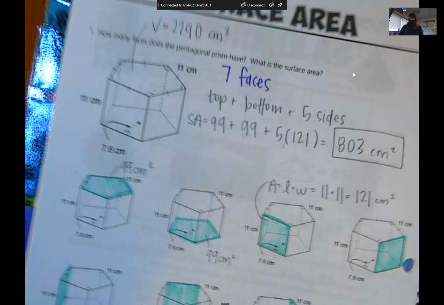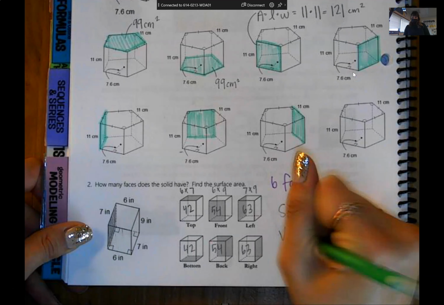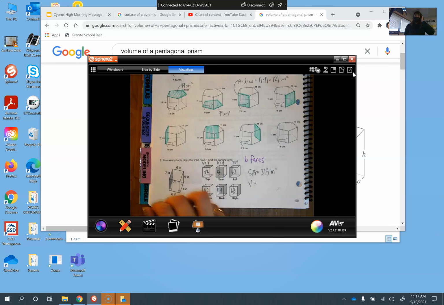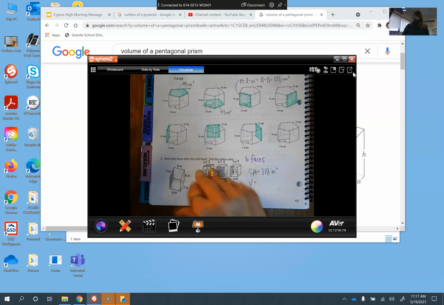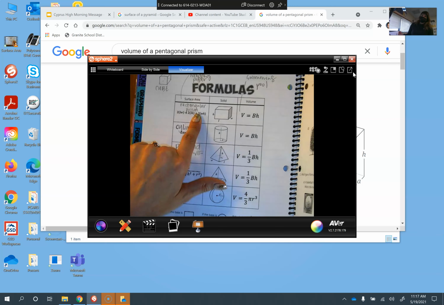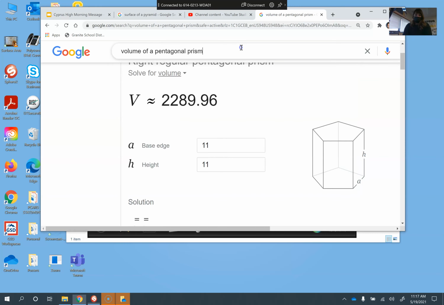Okay, so we can do the same for these other shapes then. The only thing that we have to be careful about is that we know what the shape is called. So this shape is a rectangular prism. If you forgot, we wrote them down on the first day of this unit. So I'll just come back to my volume.